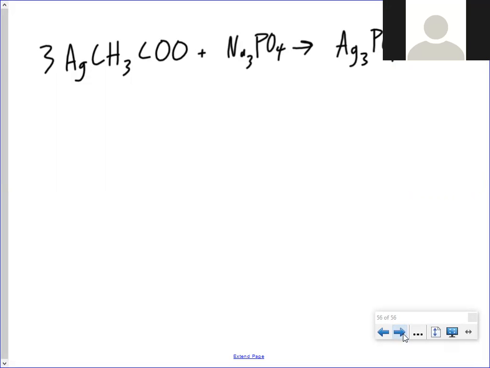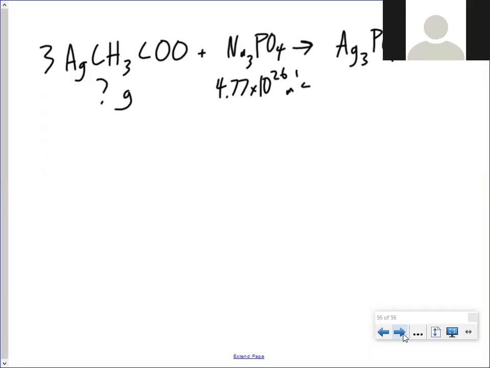Okay? So let's read the question. What mass of AgCH3COO, how many grams of that, will react with 4.77 times 10 to the 26 molecules of sodium phosphate? So we only care about the beginning of this problem.